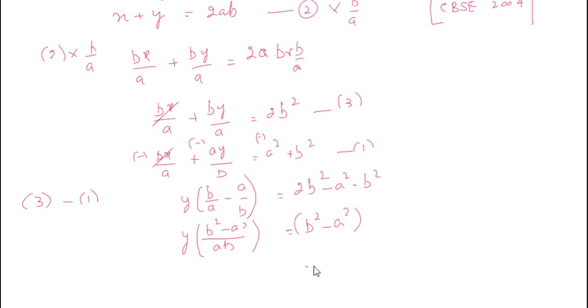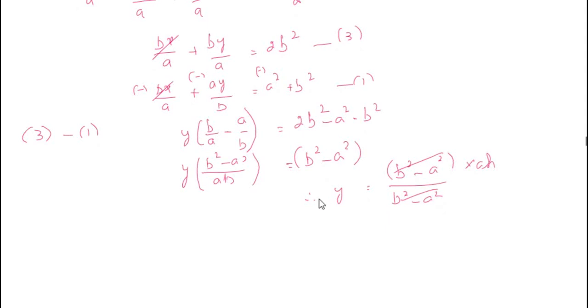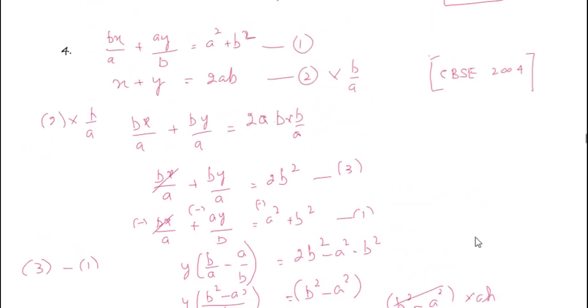Therefore y equal to b square minus a square divided by, this comes to denominator, so b square minus a square, ab goes to the numerator into ab, these two things get cancelled, and y equal to ab. Now let us substitute in one of the equations y as ab.